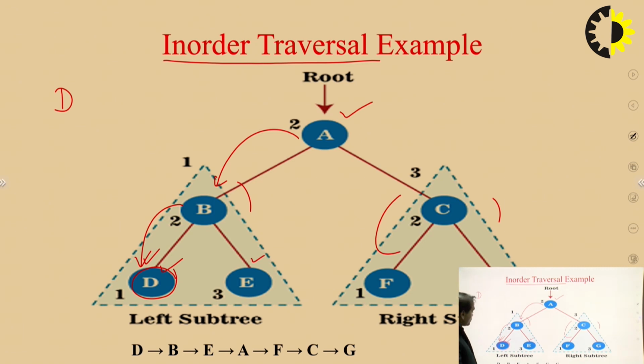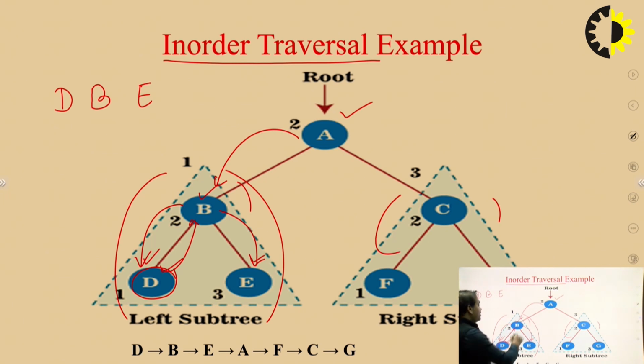Now we process the root of D, and the root of D is B. So we process B before processing the right child of B. After processing B, we process the right child of B, which is E. Now we process E. The left subtree including B is processed, so we move to the root of the left subtree, which is A. Now process the root A. Okay.